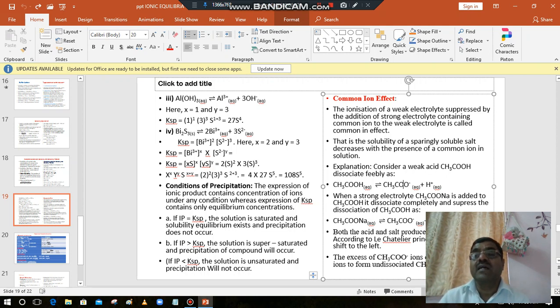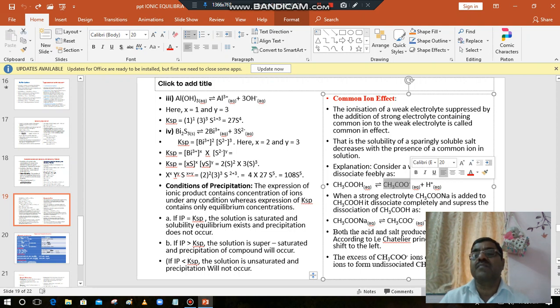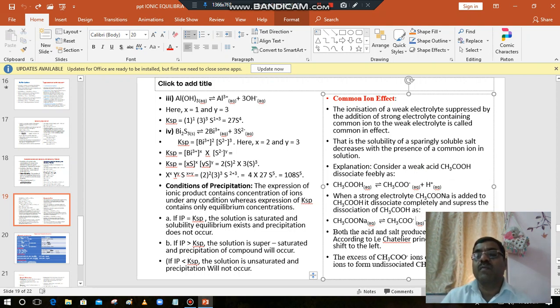Both the acid and salt contain CH3COO^- or give the acetate ions, and the concentration of acetate ion becomes more. According to Le Chatelier principle, equilibrium shifts to the left.